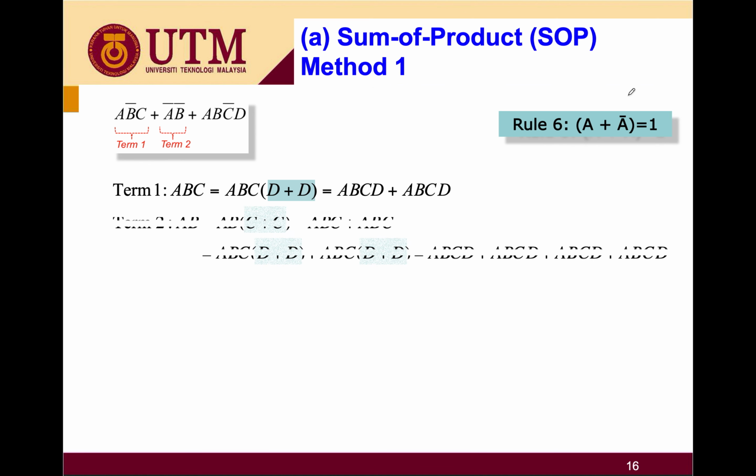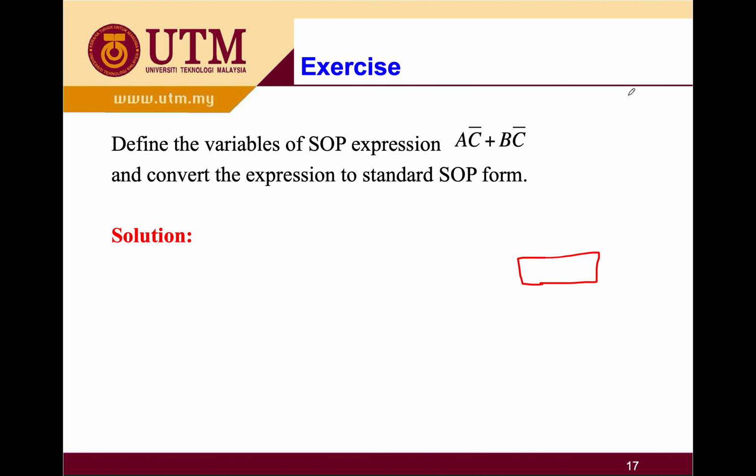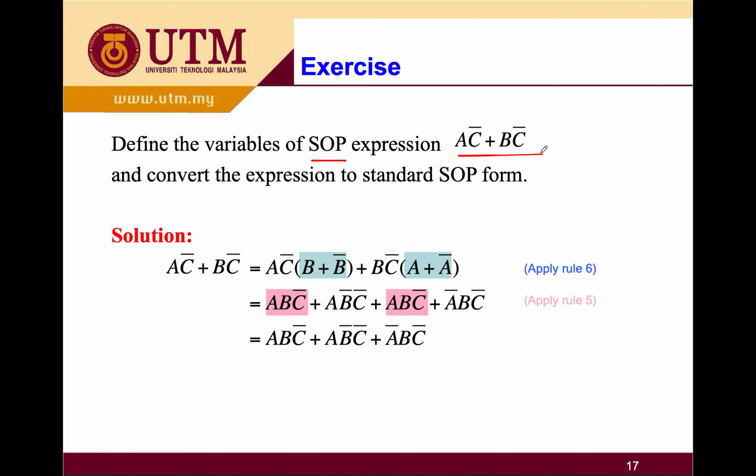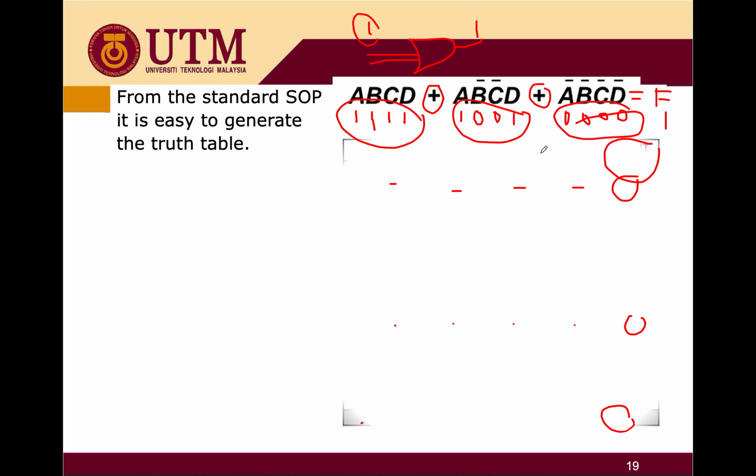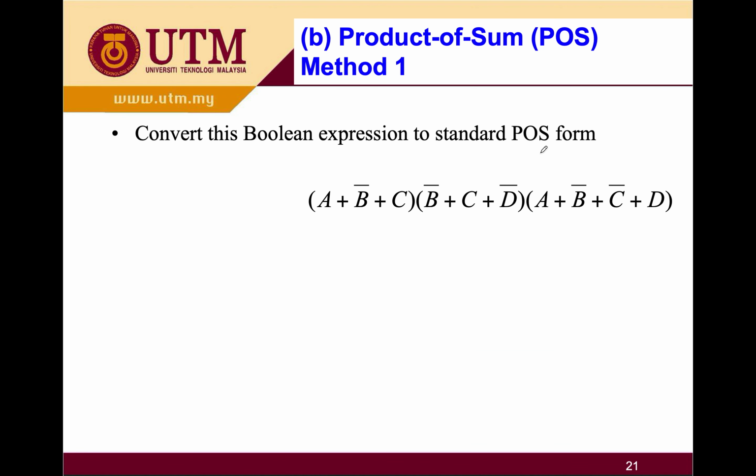Go back to our slide. Okay, delete first. So you need to define the variables of the SOP expression from these two simplest. Sorry, this one is of SOP. Oh, I forgot where is my slide.